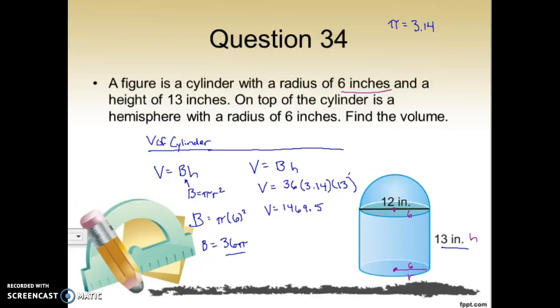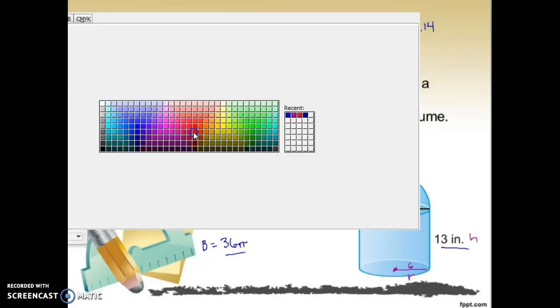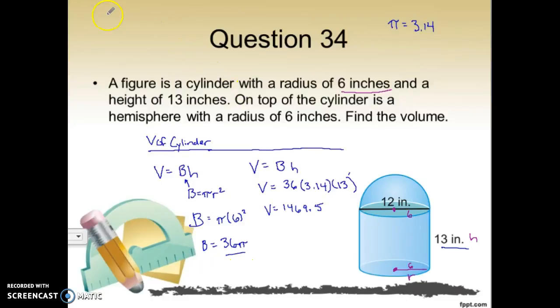Now I'm going to find the volume of the hemisphere. All right, well, I know that the volume of a sphere is 4/3 pi r cubed. I'm kind of running out of room, aren't I? So I'm just going to substitute in what I know.